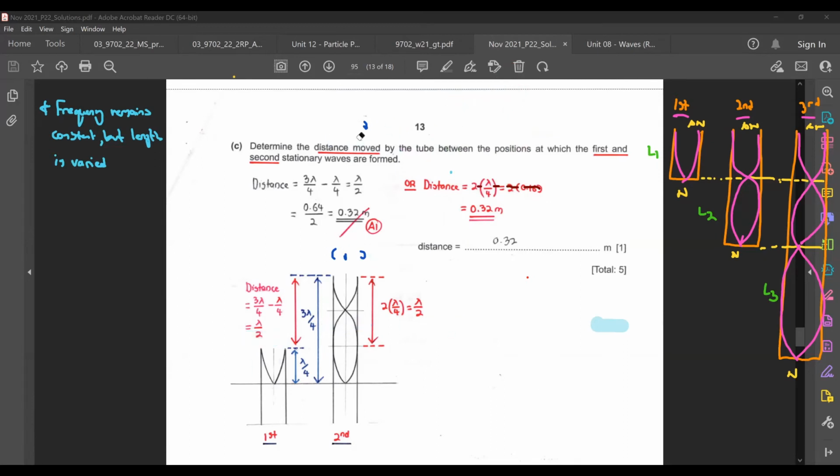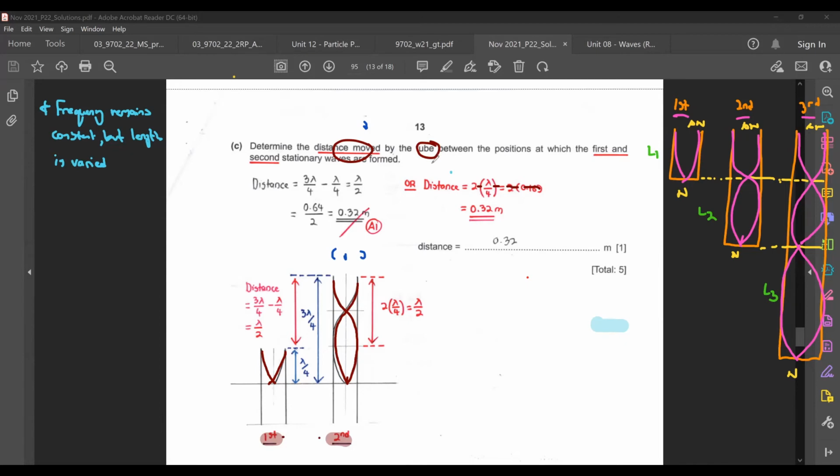Okay, so if I know that this one is the first formation of stationary wave, which looks like this, and then I know that this is the second formation of my stationary wave, which looks like this, I want to find out the distance that has been moved by the tube between these two.